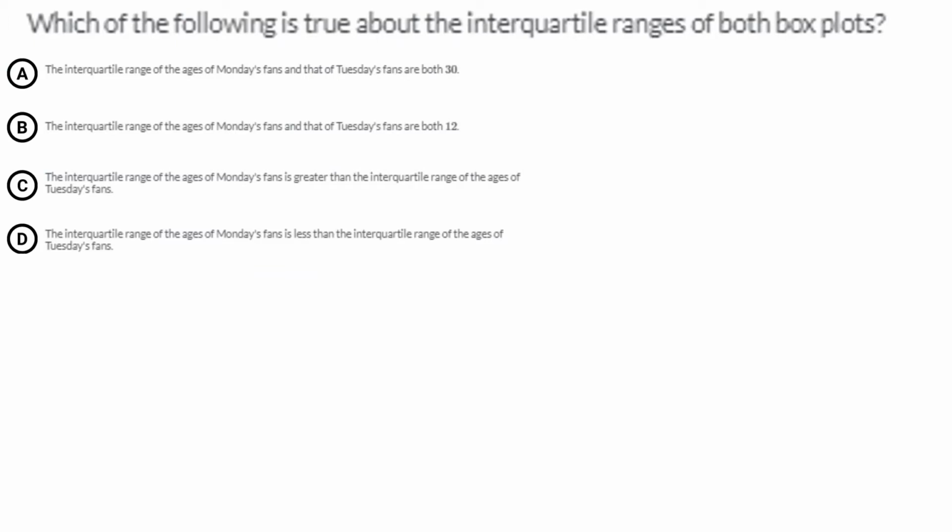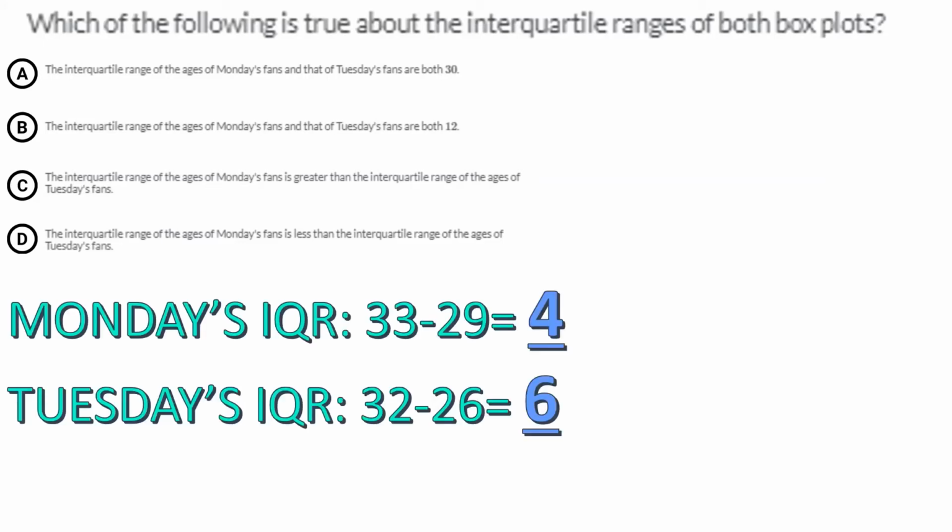Now that we have the interquartile ranges of both box plots, we can actually answer the question. Answer choice A, the interquartile range of the ages of Monday's fans and that of Tuesday's fans are both 30. Now we can see that that is actually false. Monday's interquartile range is 4, Tuesday's interquartile range is 6.